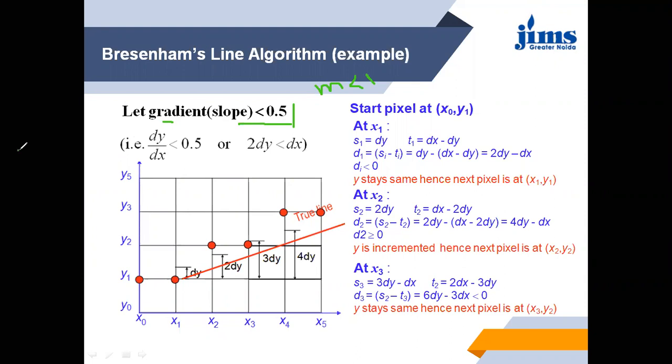When we find the value of m, we discussed that m equals y2 minus y1 upon x2 minus x1. I'm extremely sorry for the slip earlier. The upper value, y2 minus y1, is called delta y.